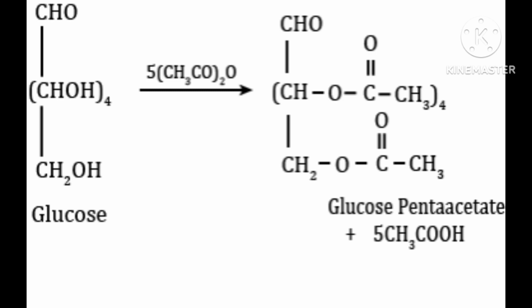Correct? The first carbon became COOH, the last carbon became COOH. But there CH2OH was there, and at the first carbon CHO was there. CHO converted when one oxygen came, that's why it became COOH. And at the last carbon, the H2 from CH2OH and oxygen from the oxidizing agent formed H2O and went away.